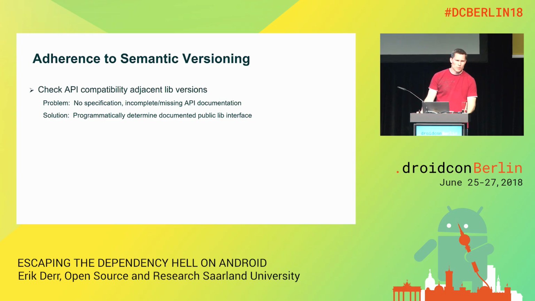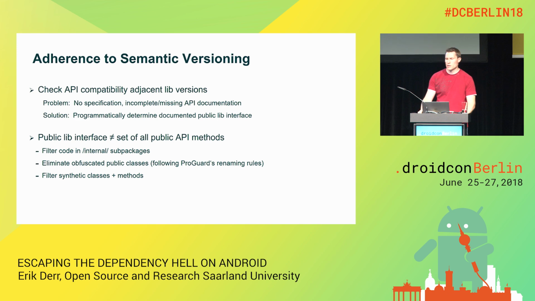So the solution is we already have the complete library version history in the form of the SDKs, the AAR files, so we can programmatically determine the documented public library interface. And here we have to consider that the public library interface is by no means just all public API methods, because some of those are not intended to be used by app developers.